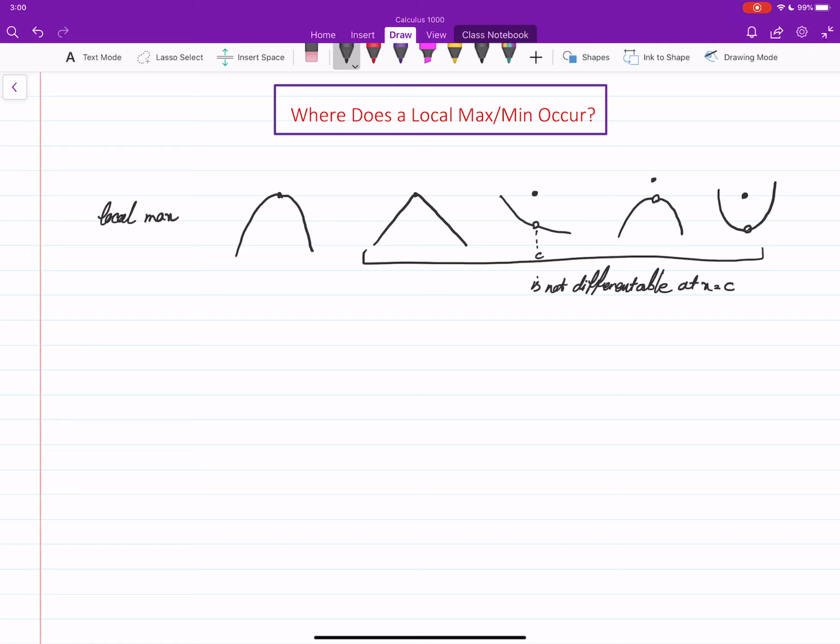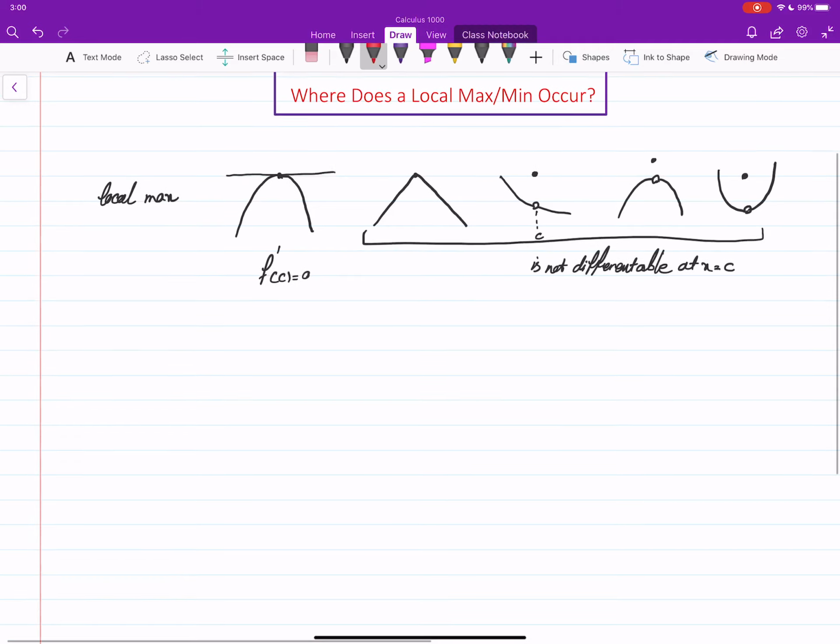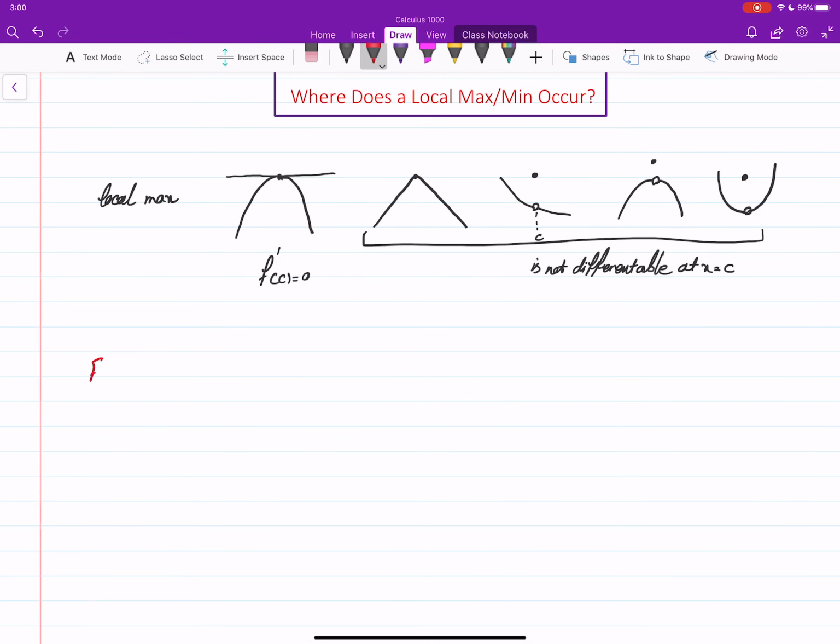And in the first example, where the function is differentiable at c, the tangent line is horizontal. In other words, f prime of c is equal to 0. Similar cases can happen for a local min, and this is exactly what Fermat's theorem says.